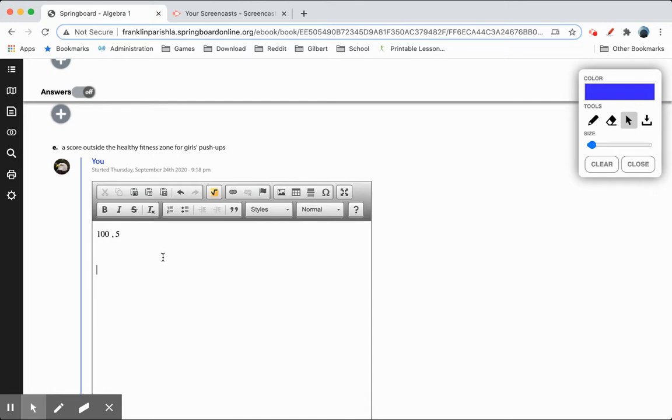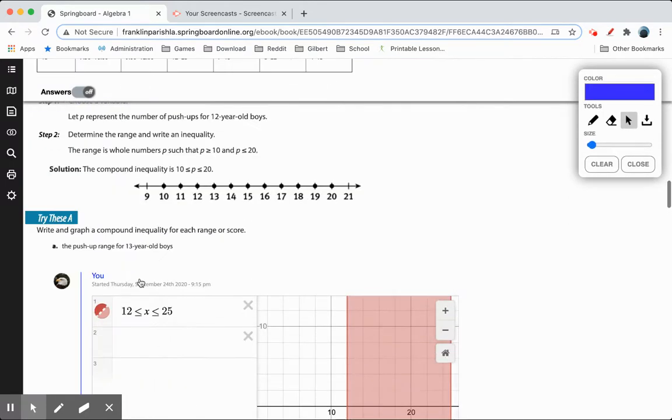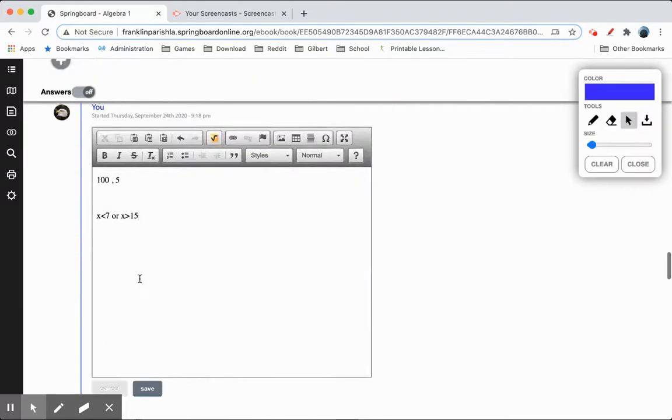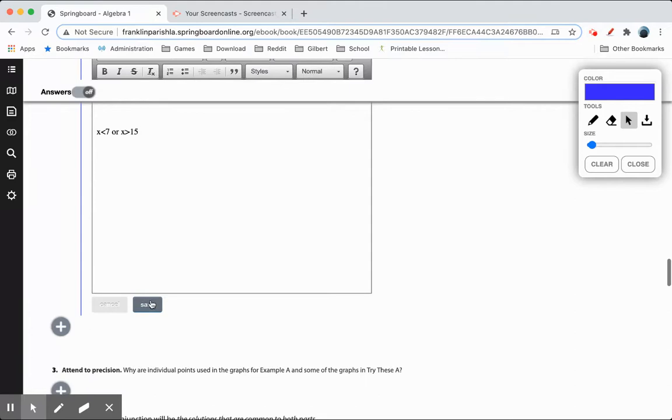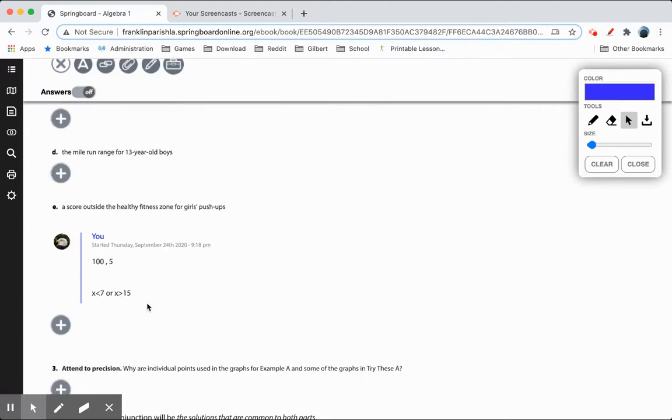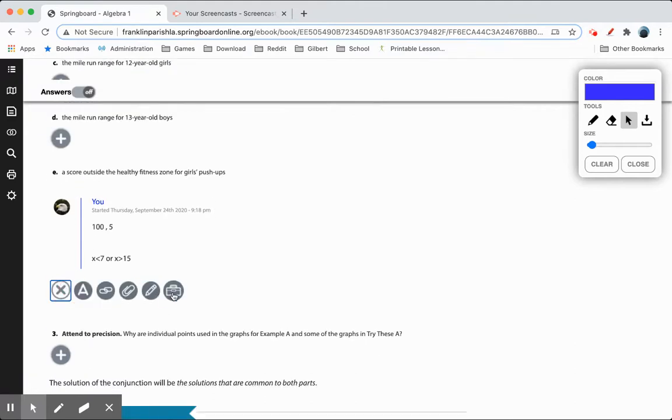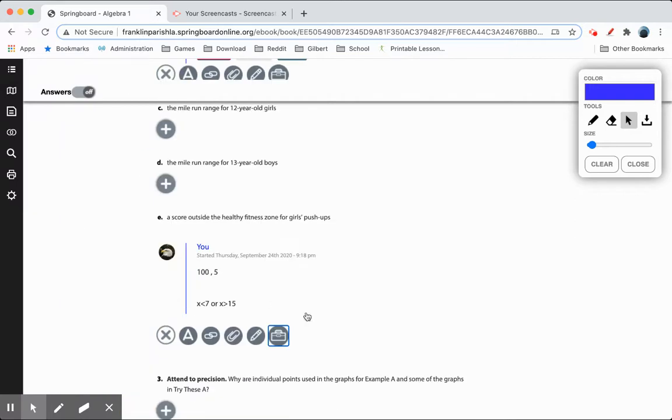So let's come in here and say it has to be x is less than 7 or x is greater than, what was it, 15? Yeah, 15. And now it's going to let me do it.